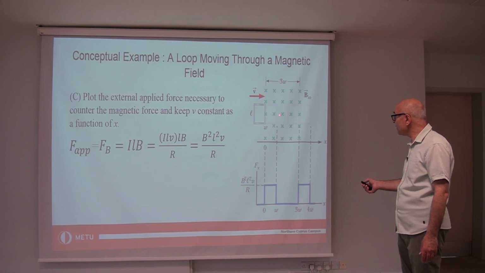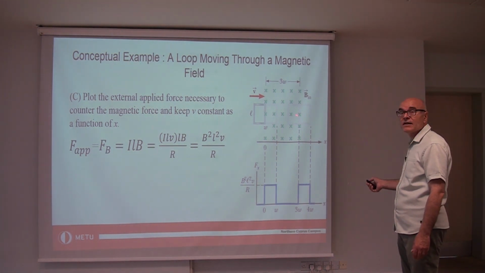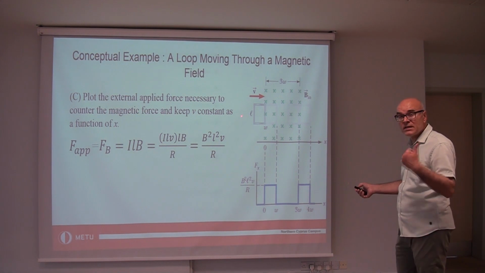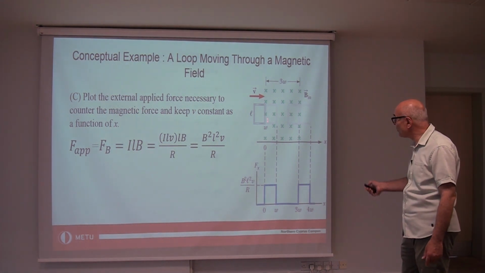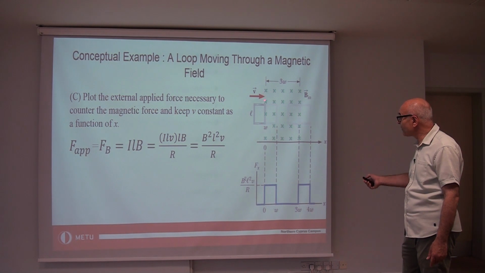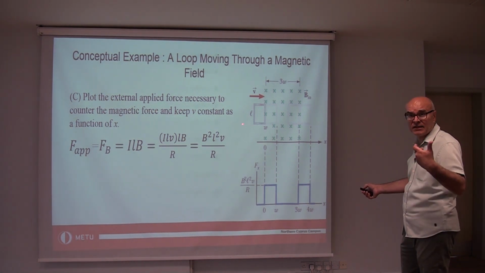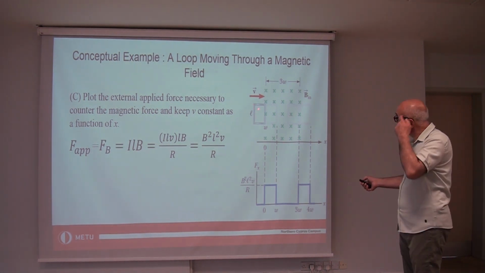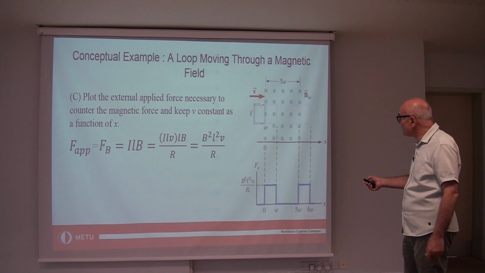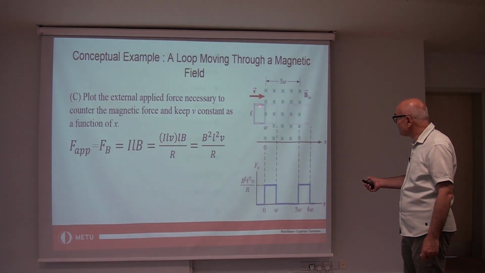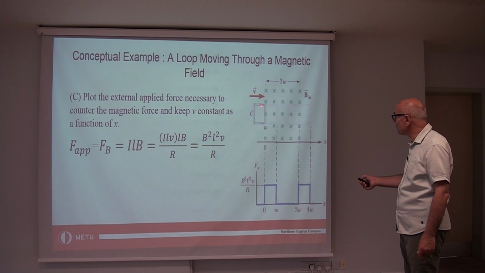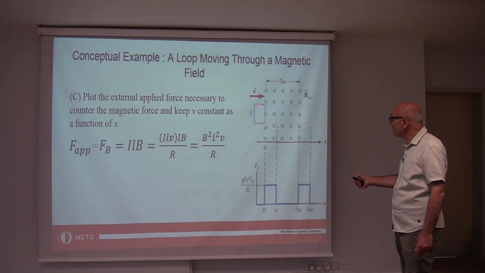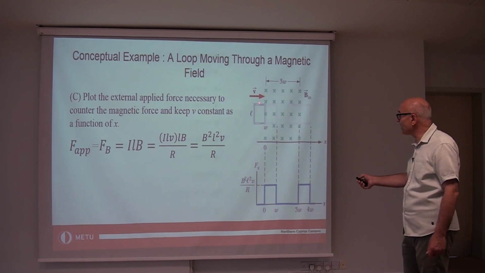This applies here, and it also applies when this is going out. Of course, when this is entering, this force is acting only on this part, on this length only, because this part is still outside. Even when the upper and lower sides have current, the magnetic forces on these will be in opposite directions, so there will be zero net force on the upper and lower ones.